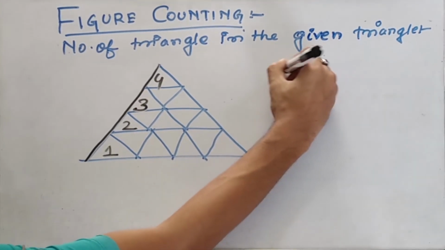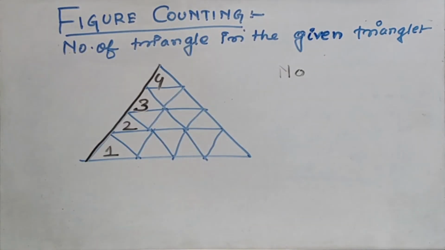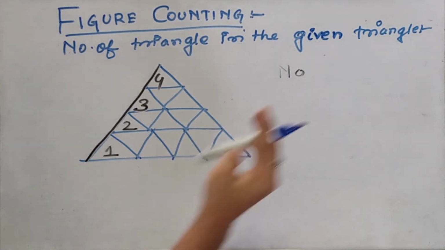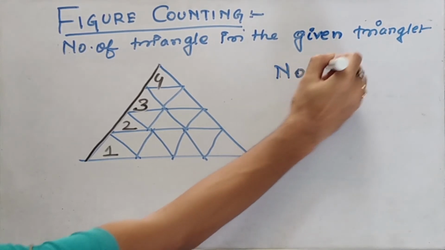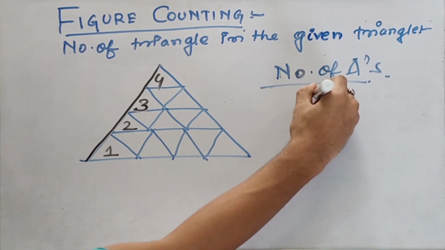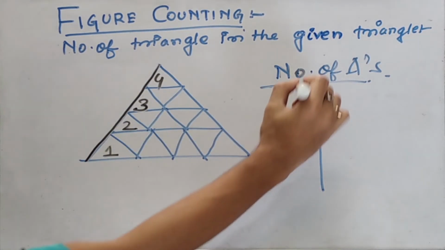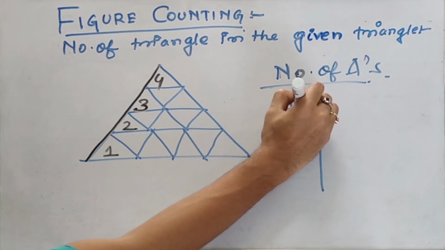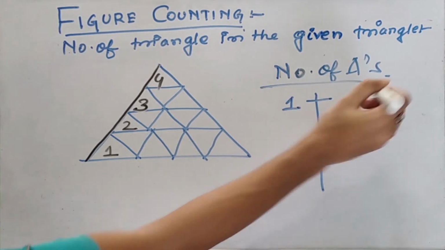So let's check it. So number of triangles will be nothing but, so this is the odd step, so you have to write the same thing which you have written in this LHS part.